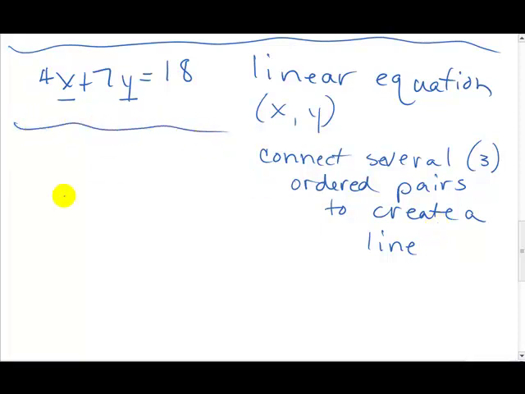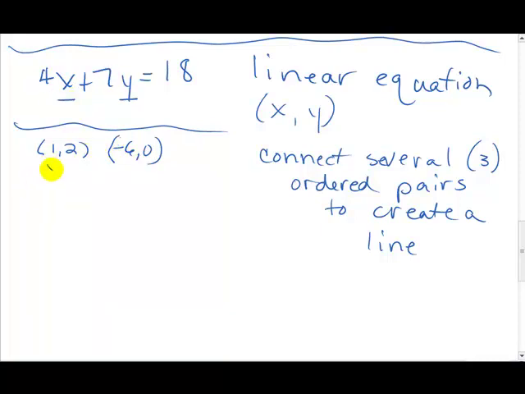So you have several ordered pairs that will be on a line, and so if we're wanting to check to see if certain ordered pairs are solutions, we would take and plug these in.